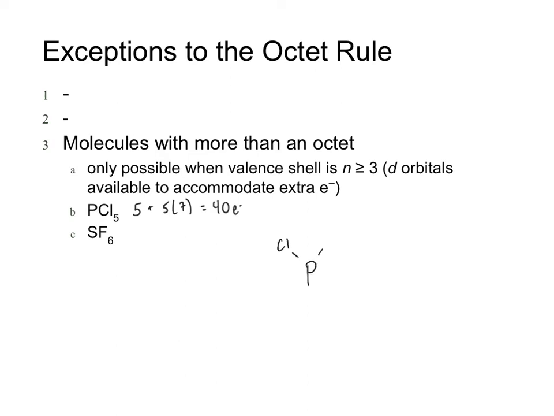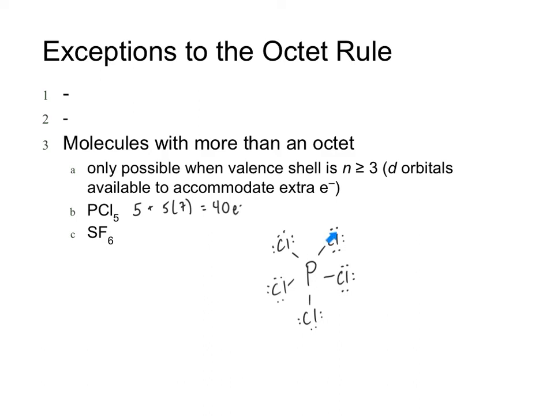Then we're going to place our 5 chlorine atoms around phosphorus. And then we're going to start placing our remaining electrons as octets around our outer atoms. And we can see that we have now used all 40 electrons.